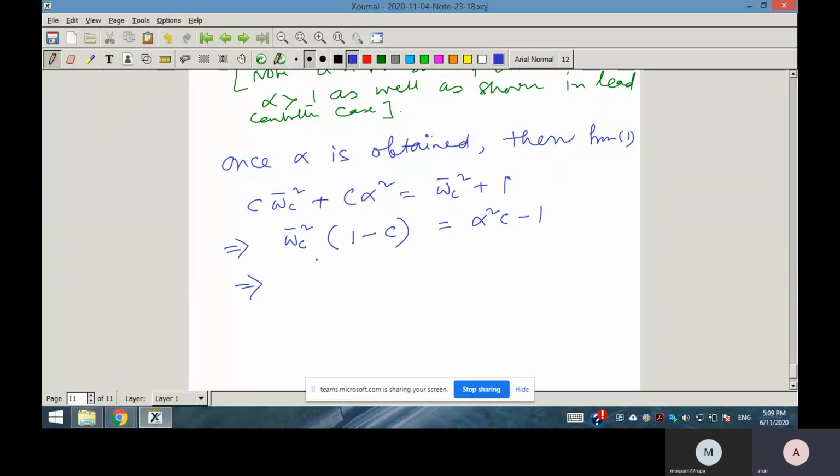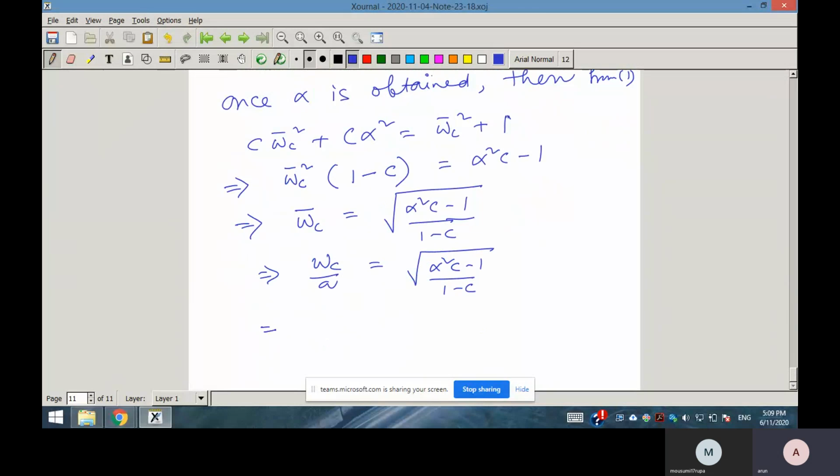So this will give you omega c bar equal to root under alpha square c minus 1 divided by 1 minus c. Omega c bar is omega c by a, so from here you can get what is your a. A will be omega c into root under 1 minus c divided by alpha square c minus 1.